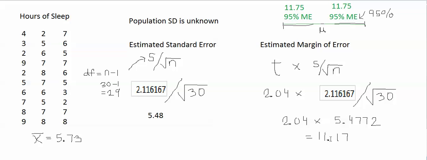I'll say it one more time just to make sure that it's clear. What this 95% margin of error of 11.17 is telling me is that when I randomly selected my sample of 30 people from this population, I had a 95% chance of getting a sample mean somewhere between 11.75 under the population mean and 11.75 above the population mean.